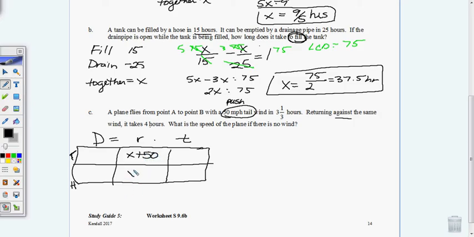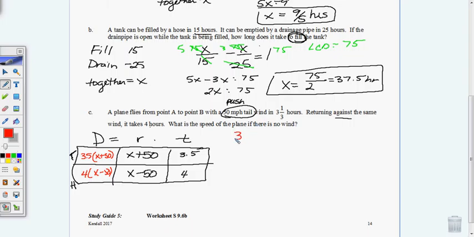When it's coming into the wind, it's taking away speed, so we put the minus 50. This took 3.5 hours. This takes 4 hours. So the only column that I don't have filled is distance. 3.5 times x plus 50 and 4 times x minus 50. Those two things are equal. That's why I wrote them in red.